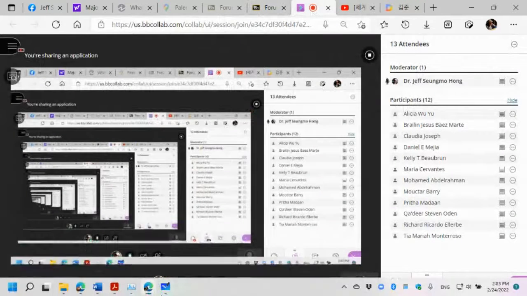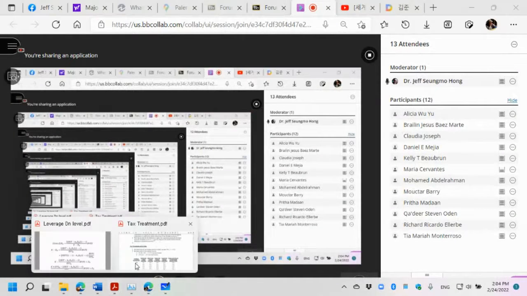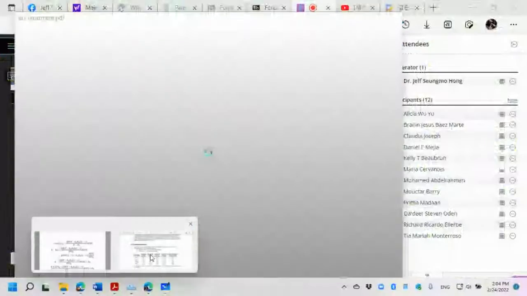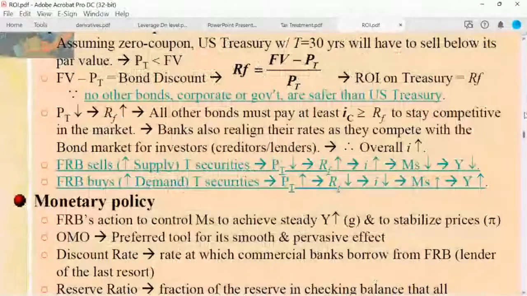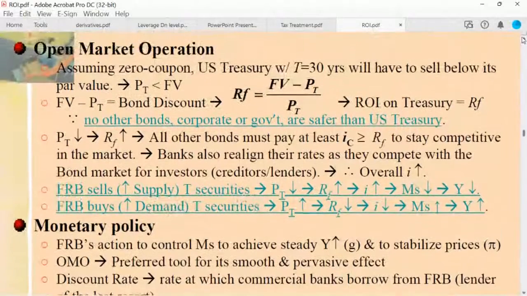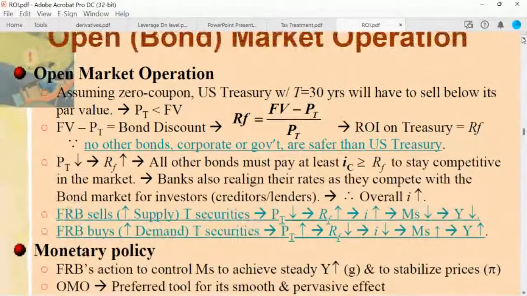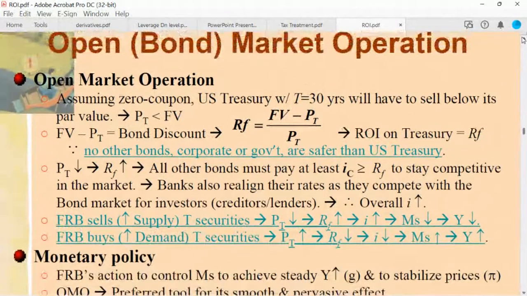Okay, so in our last class, we were just about to start on the open market operation, right?